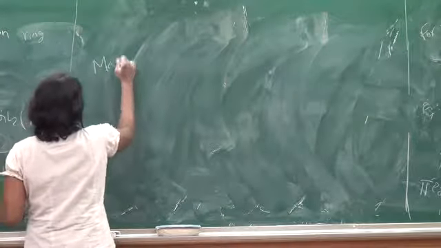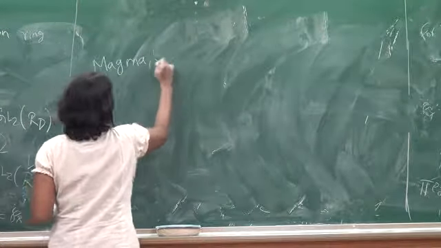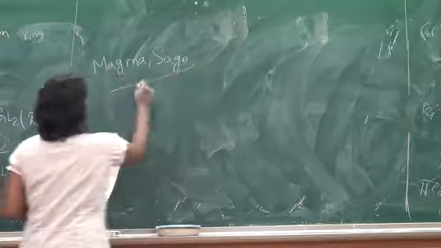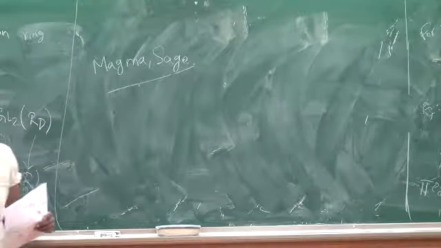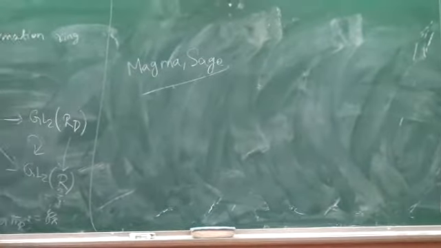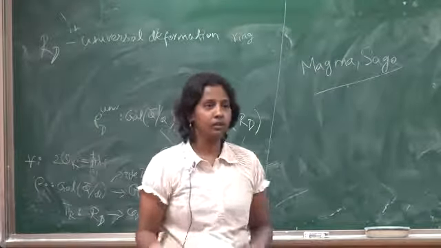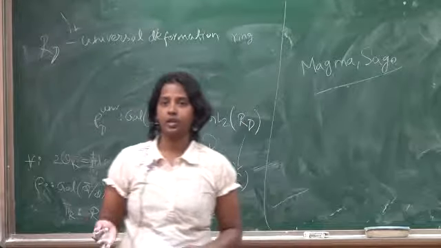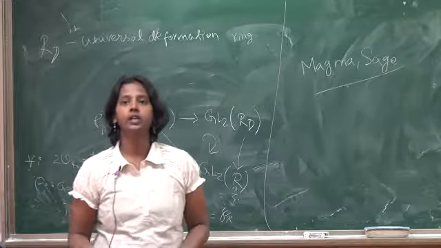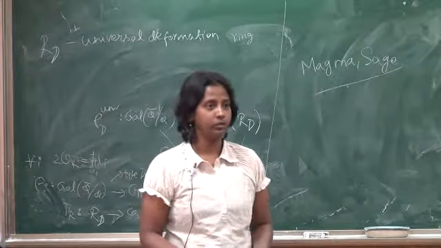We have used Magma and Sage, and we came up with hundreds and hundreds of examples of abelian varieties, modular abelian varieties, satisfying all those assumptions I defined: A of R is connected, N is even and squarefree, and there is no rational 2-torsion point.